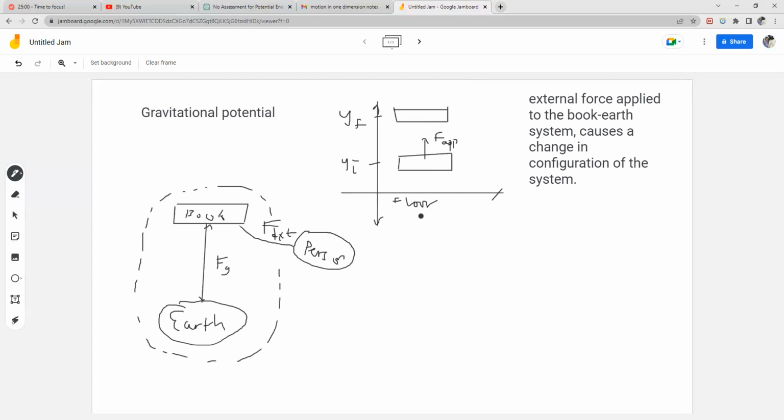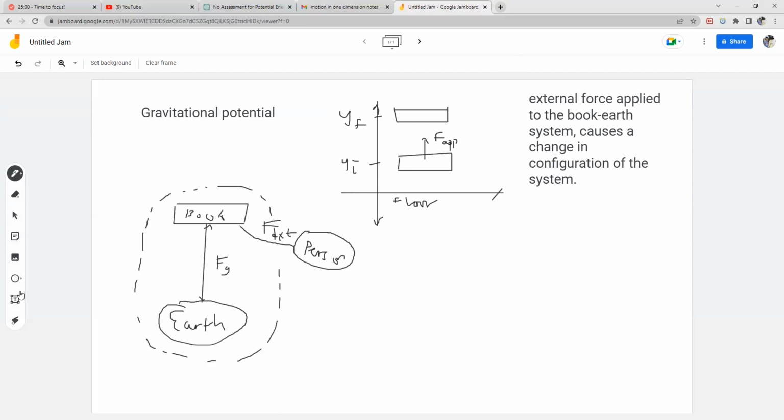It speeds up to greater speeds before it hits the floor. So some energy must be stored somewhere. And this energy storage gave this system more potential to do more work because it dropped at a much faster speed. So that's where the word potential energy comes from.